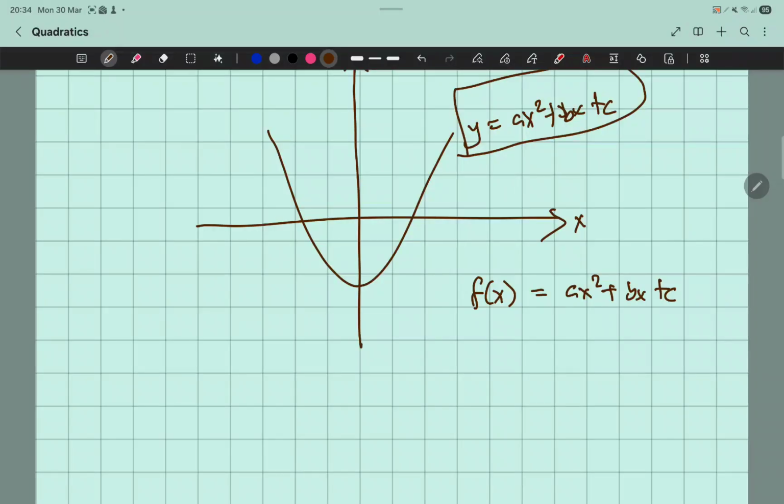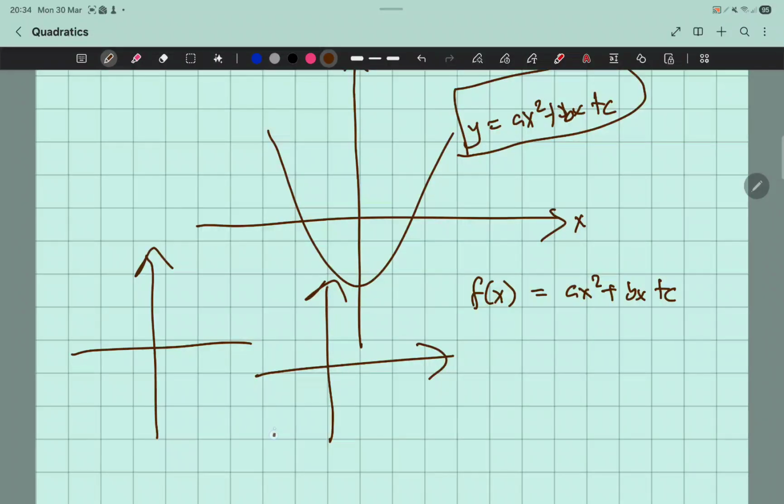When we want to see what shape our graph takes, because quadratic functions have two types of shapes. It's either a cup upside down or a proper cup. So for us to know which is which, we need to look at the coefficient of x squared.